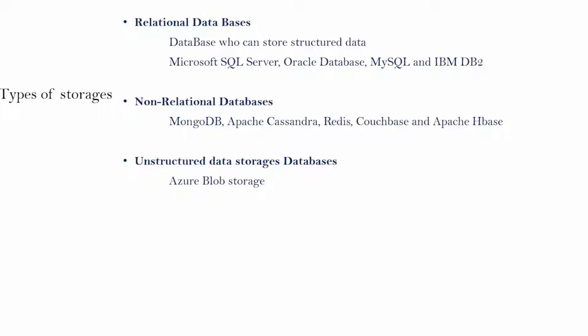Now coming to unstructured data storage. The data storage that gives us the feasibility to store unstructured data like documents, audio files, video files. Those are called unstructured data storage. Azure Blob Storage is the best example here. Azure provides this service, Azure Blob Storage. A blob is also like huge data files in text, which we will discuss later.